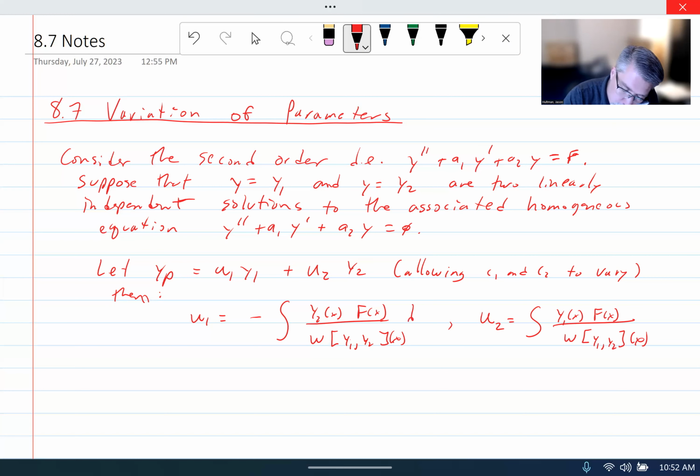Okay, and there's dx's here, dx, because we're integrating with respect to x. Okay, where w of y1, y2 of x is the Wronskian on y1, y2.